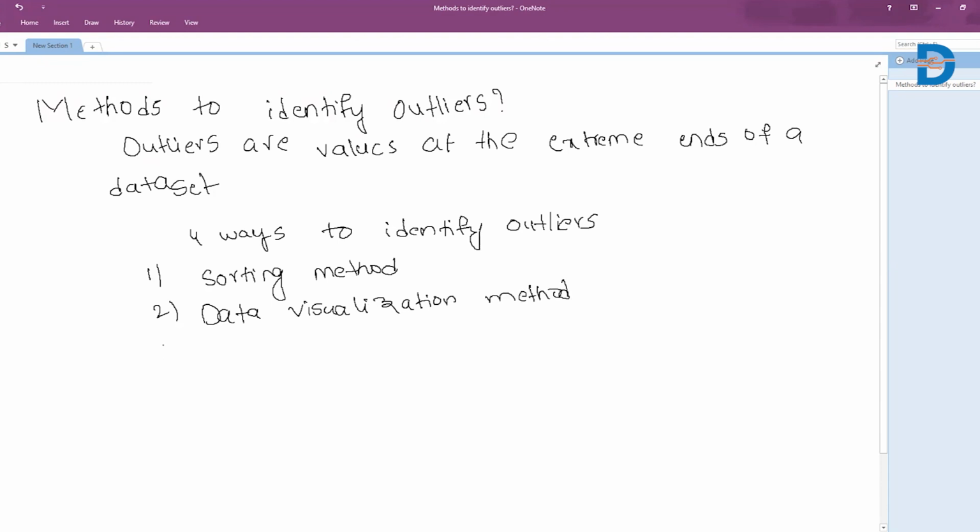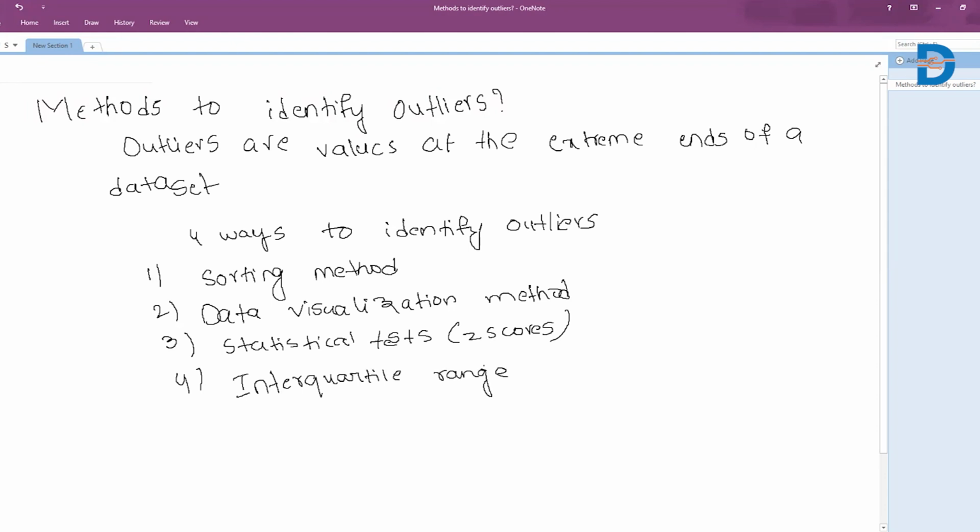The third one is statistical tests, like Z scores. And the fourth one is the interquartile range method. Now we'll see them one by one. First one is the sorting method.